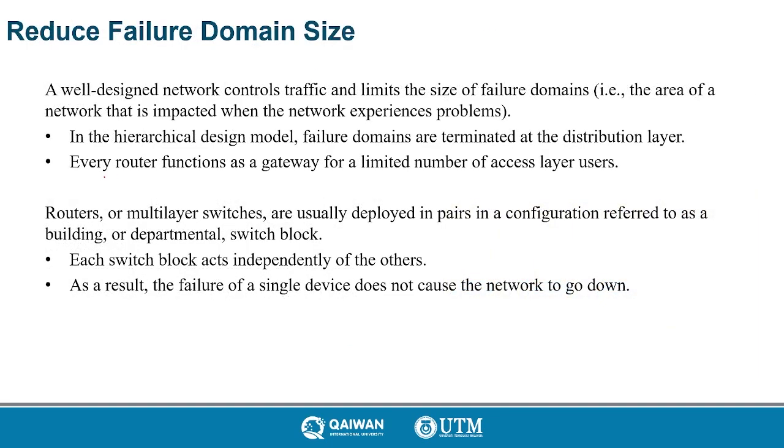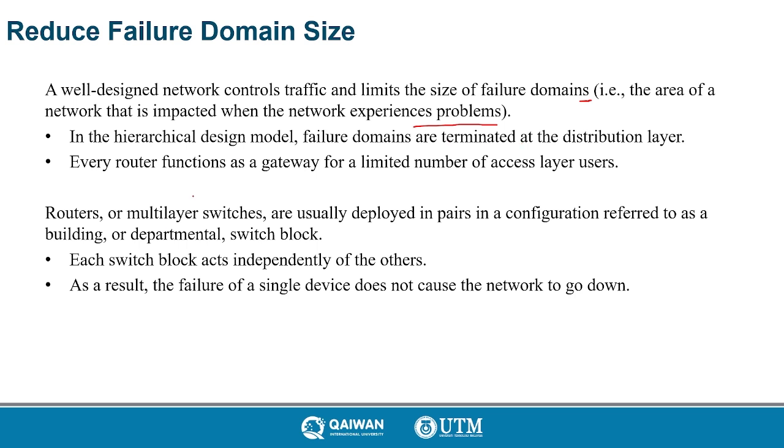Now, reduce failure domain size. A well-designed network, when you create it, should control traffic and limit the size of failure domains. For example, the area of a network that is impacted when the network experiences problems. In the hierarchical design model, failure domains are terminated at the distribution layer.